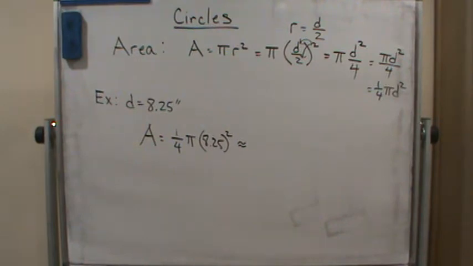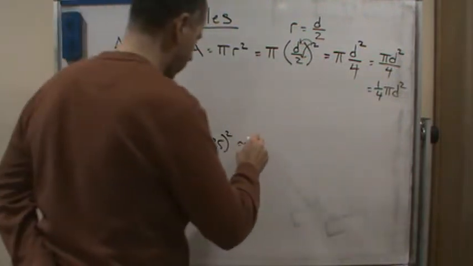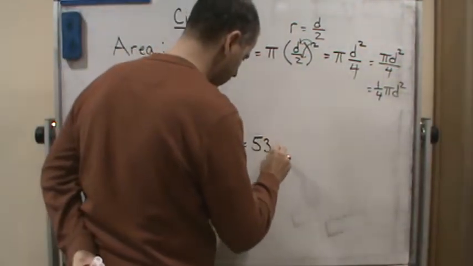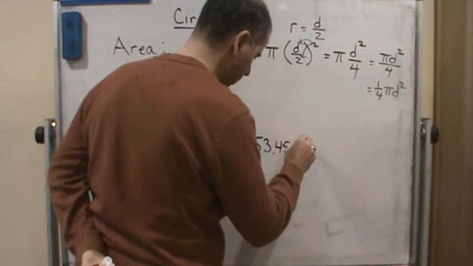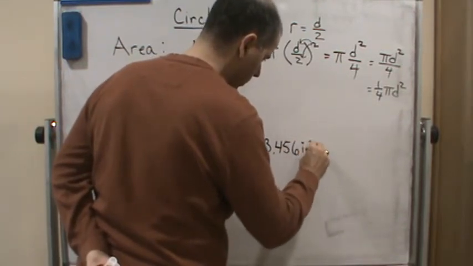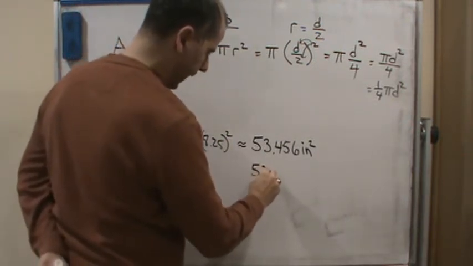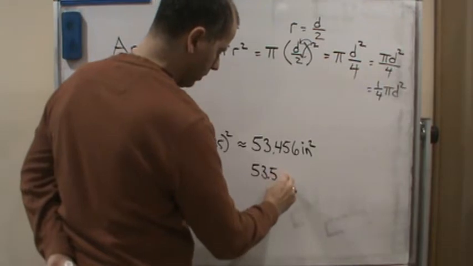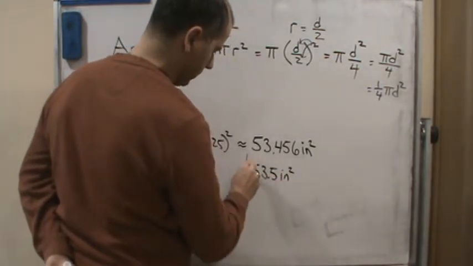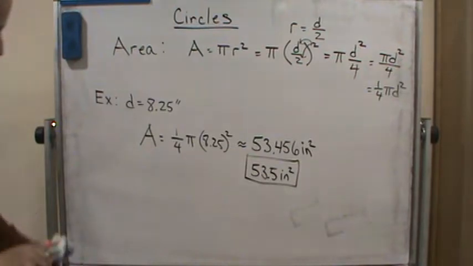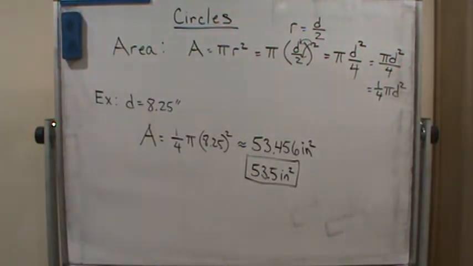I get approximately 53.456 inches squared. Okay, or just round it to 53.5. So 53.5 square inches is what we get.